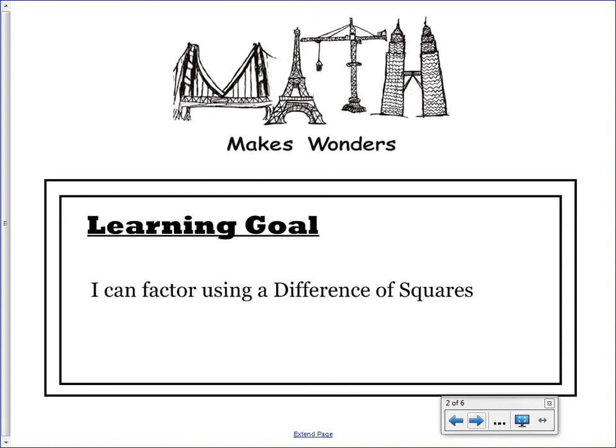Our learning goal, again, it's going to be another trick that you can use just like on Friday, I showed you the trick on how to factor perfect trinomials.